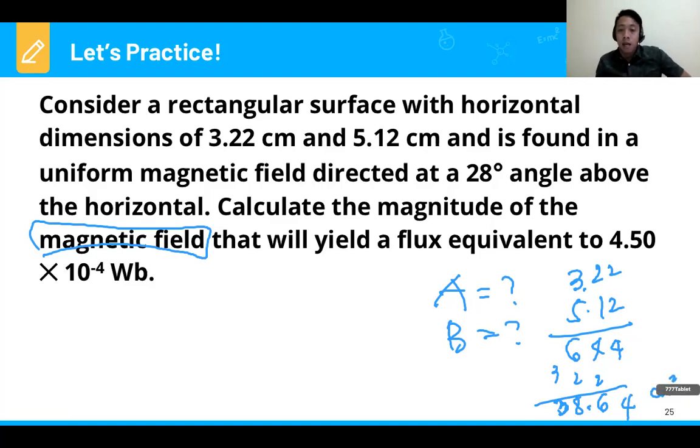But in our formula, we need to use meters. So we need to convert centimeter squared to meter squared. So what is the equivalent of 38.64 in meters? So what we will do is we will just multiply that by 0.01.